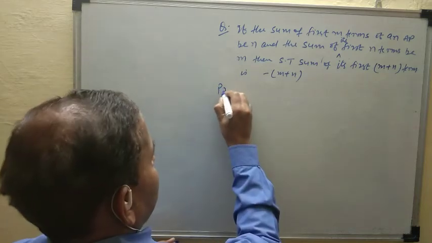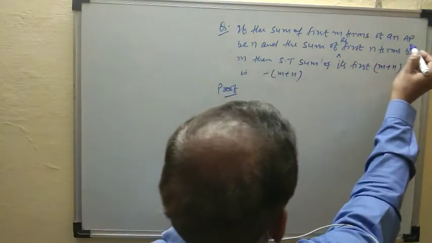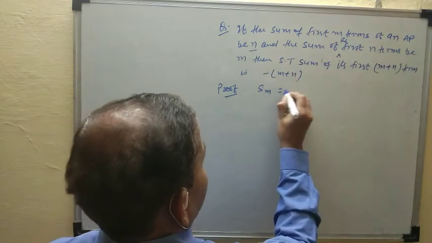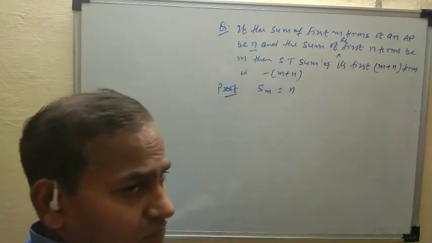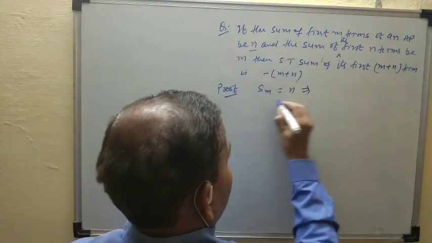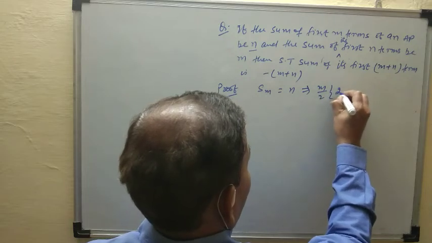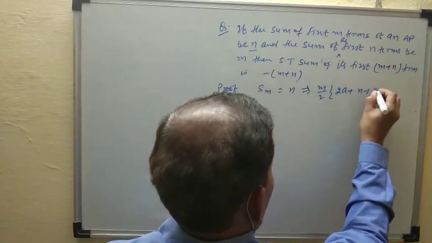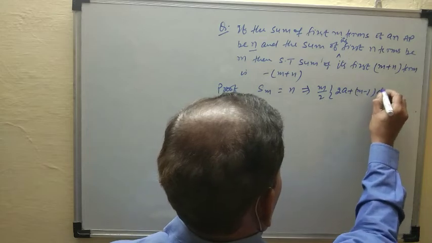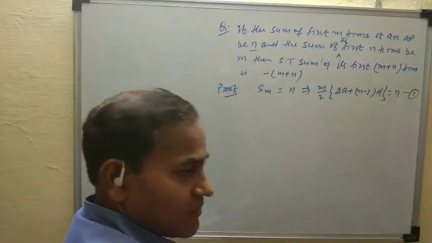So what is given? The sum of first m terms of an AP is n, that is, Sm is equal to n. Use the formula of Sm: m by 2 into 2a plus m minus 1 into d is equal to n. Call it 1.